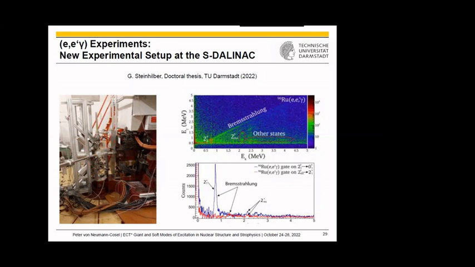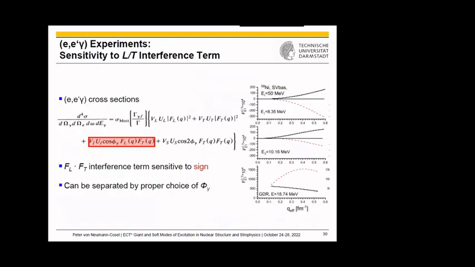It's based on lanthanum bromide detectors, and this shows you, similar to what we've seen yesterday, the correlation between excitation energy and gamma energy measured, and you see these lines which correspond to the excitation of certain states and decay back to the ground state. But the original experiment was aiming at something different. I just want to say we have such a setup available, it's working, so we can use it for other experiments. And one thing which might be very interesting is the following.